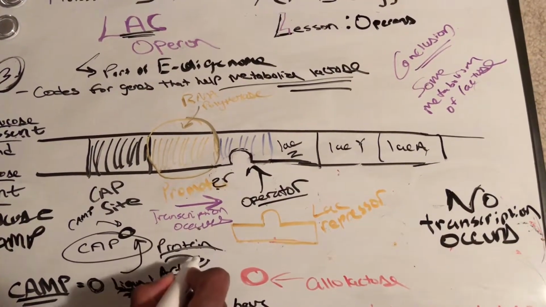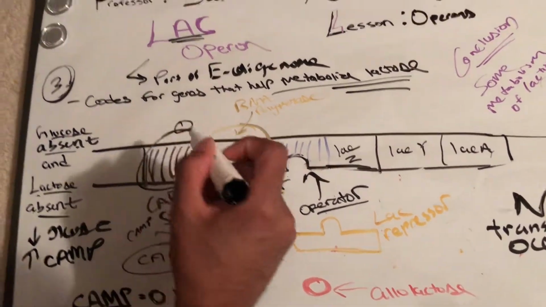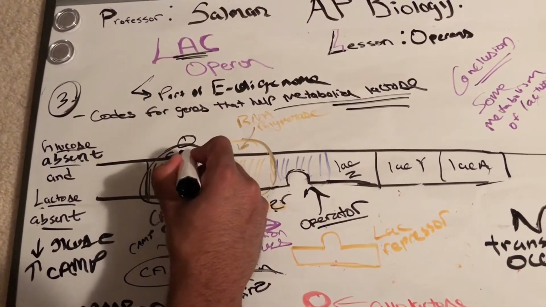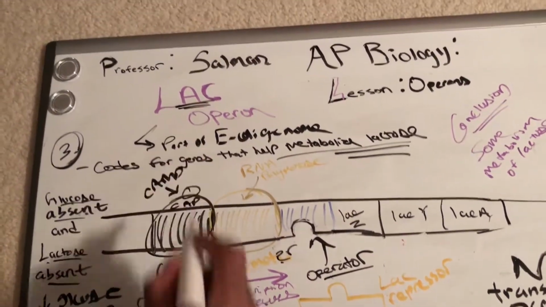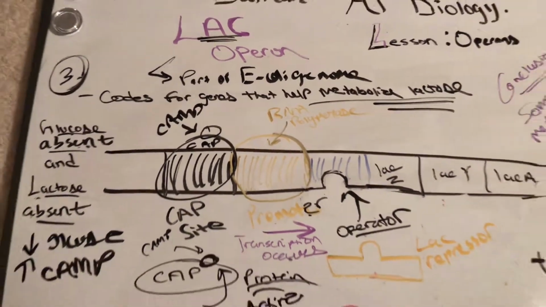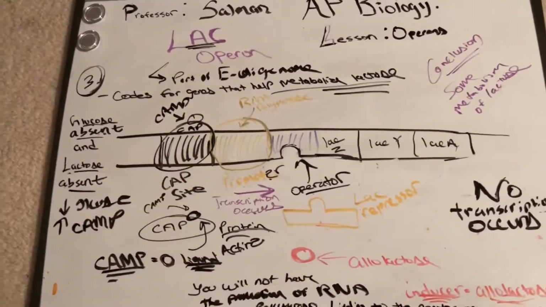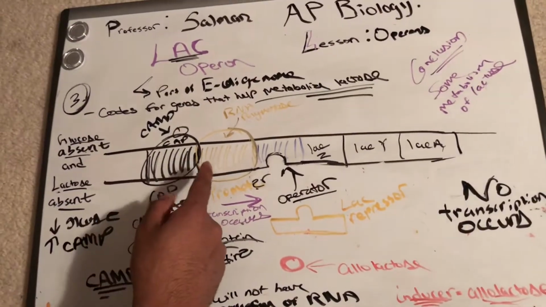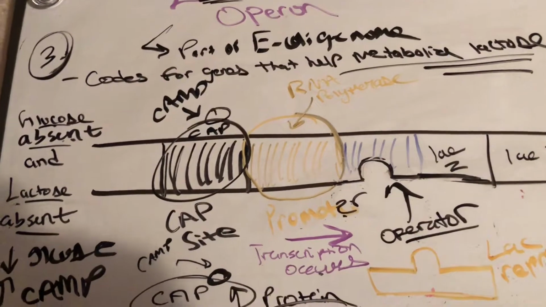And this active protein will bind to the CAP site. So once it's on the CAP site, it signals RNA polymerase to come and bind to the promoter region, which you can see here, and you have the binding of RNA polymerase faster and quicker.